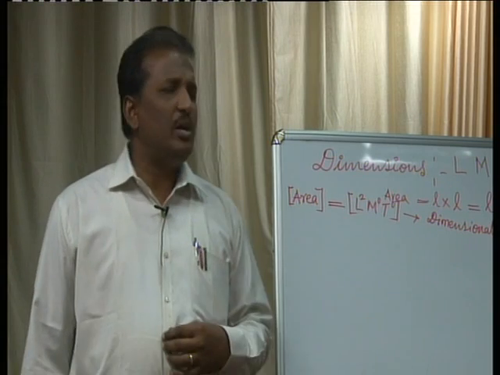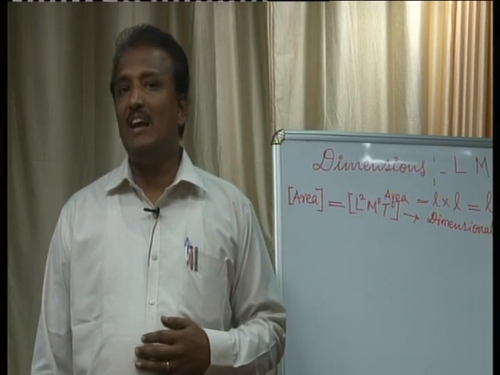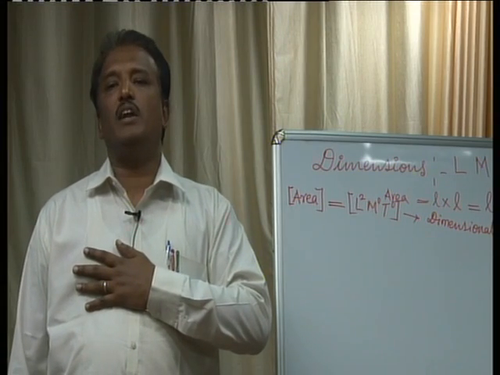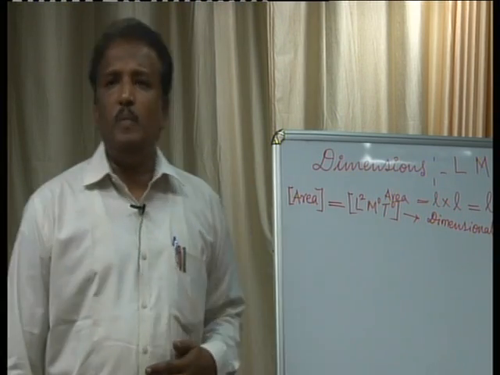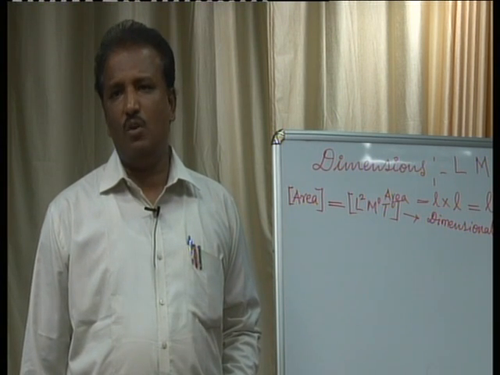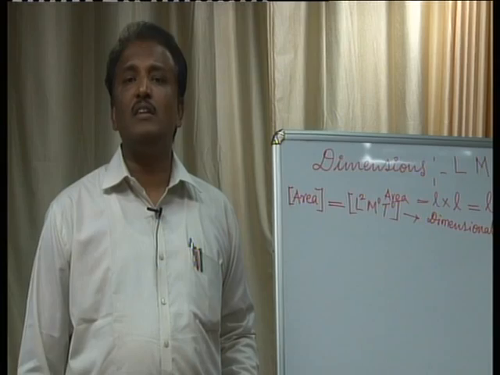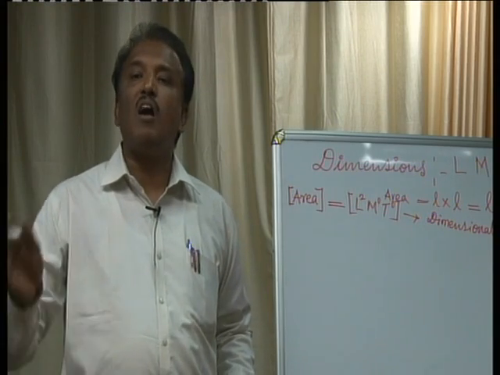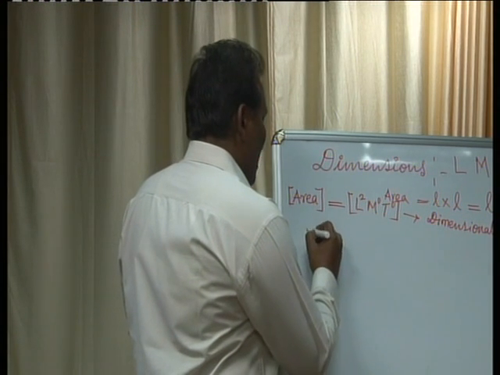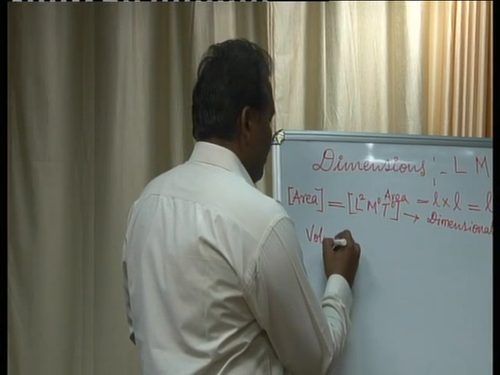Now, what are the steps to be followed to write the dimensional equation of a given physical quantity? While writing the dimensional equation of a given physical quantity, first define that physical quantity according to its definition. For instance, what is the dimensional equation of a volume?